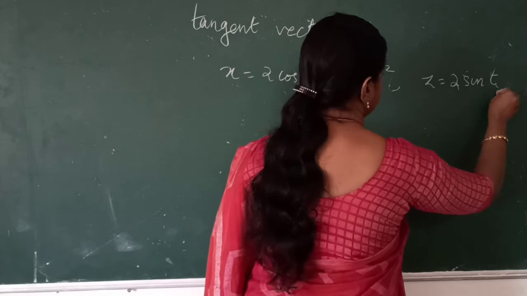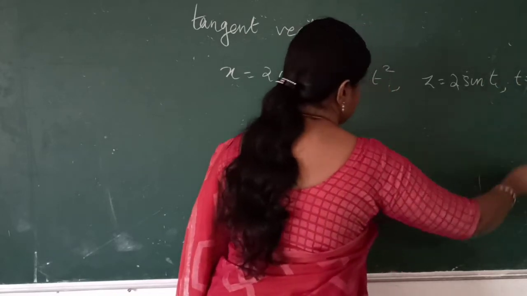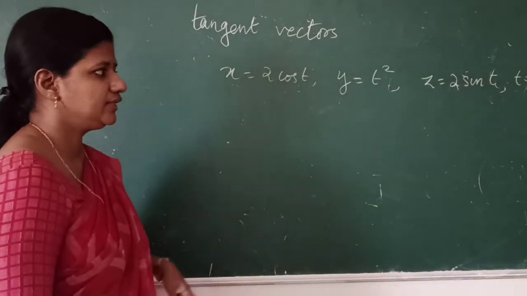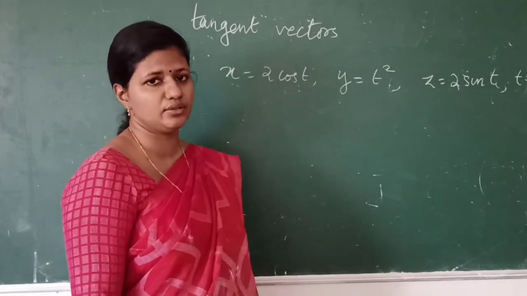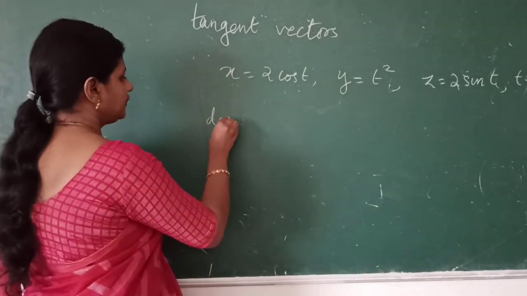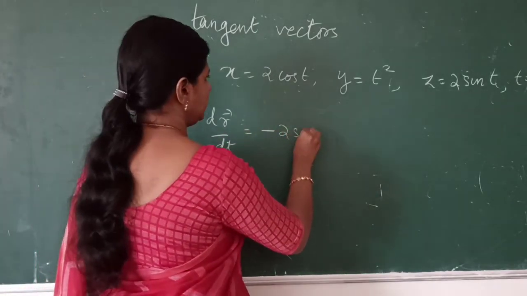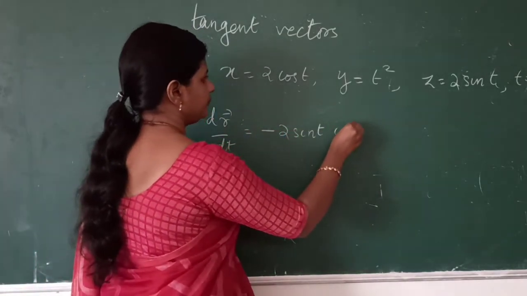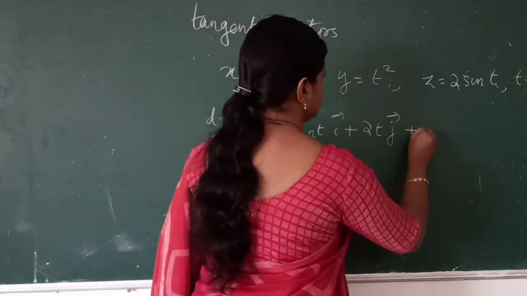We have to find the parametric equation of the tangent line of the given curve at the point t is equal to pi by 4. So here we have dr by dt is equal to minus 2 sin t i plus 2t j plus 2 cos t k.